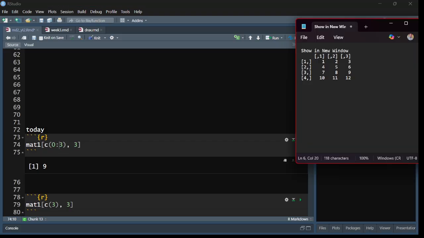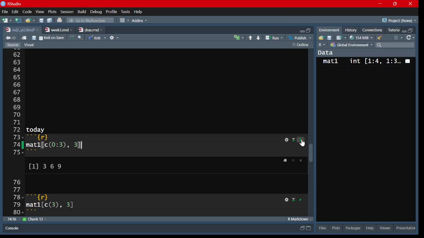I'm guessing the output should be 3, 6, 9, because for 0 it will not print anything. That means 0, 3 is nothing. 1, 3 has a value, that is 3, then 2, 3 is 6 and 3, 3 is 9. So let's look at it. Yes, 3, 6, 9, and the output is a vector, not a matrix.